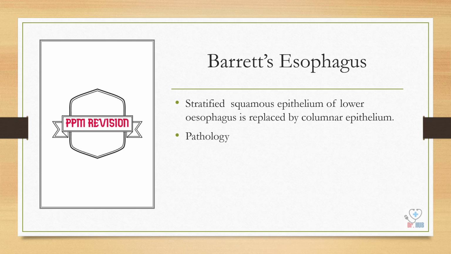Going to the morphological features, it appears red and velvety, and at the squamocolumnar junction there is presence of hiatus hernia and also peptic ulcer. Microscopically you can see the presence of goblet cells and also Paneth cells, and intestinal metaplasia can be seen along with dysplasia.